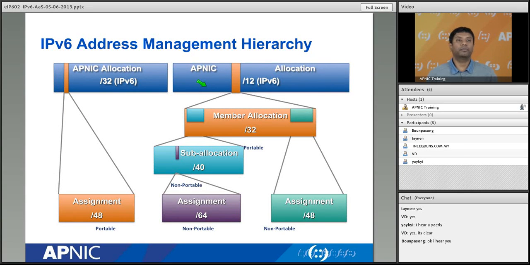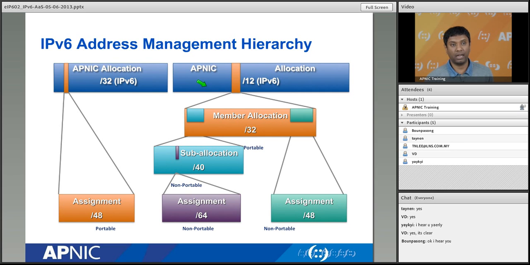Okay, so if you see the IPv6 address management hierarchy, how addresses have been allocated, as I said, APNIC makes an allocation of /32 by default in IPv6, right? So when someone is a service provider, they'll receive a /32 from APNIC, and APNIC makes a /48 assignment to an enterprise. That's by default.